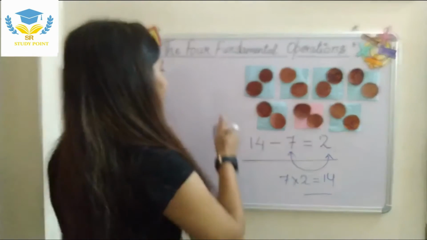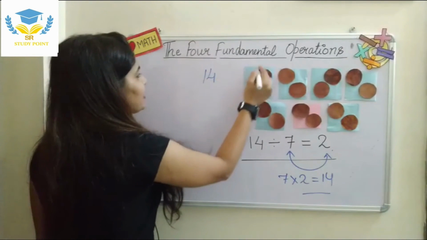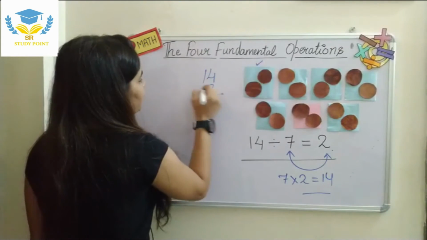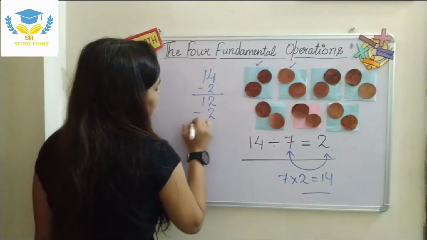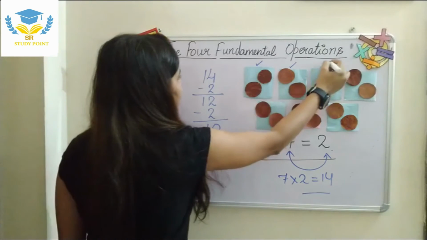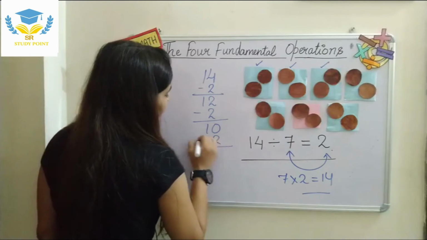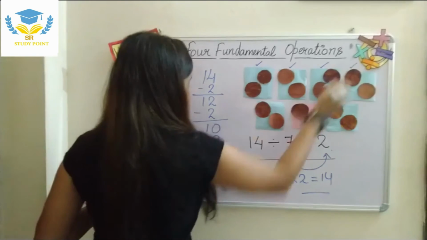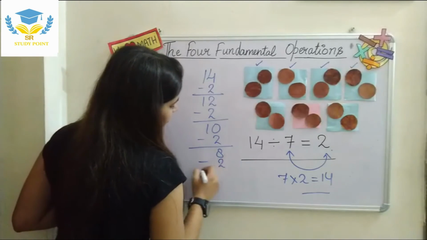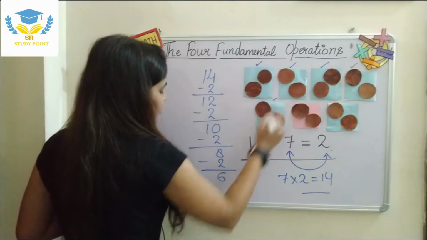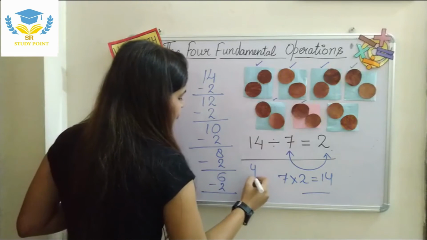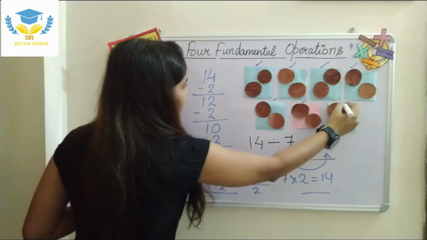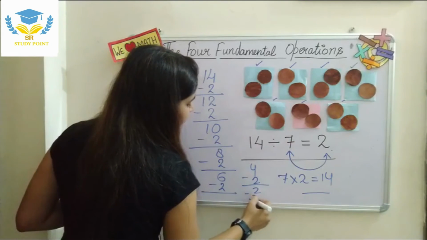Or if we have 14 and I subtract 2, I'll have 12, then subtract 2, I have 10, then 8, then 6, then 4, then 2, and then subtracting 2 again, we have 0.